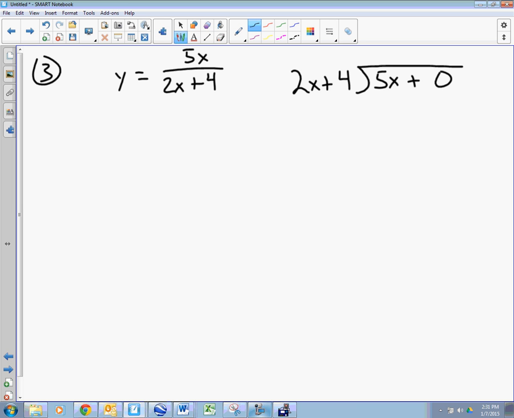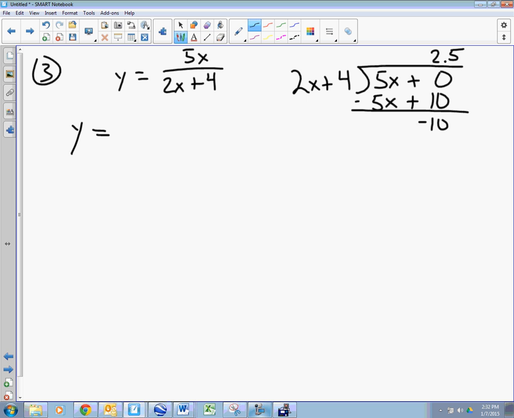How many times does 2x go into 5x? 2.5 times, or 5 halves times. What's 2.5 times 2x? 5x plus, what's 2.5 times 4? 10. Subtract, negative 10.